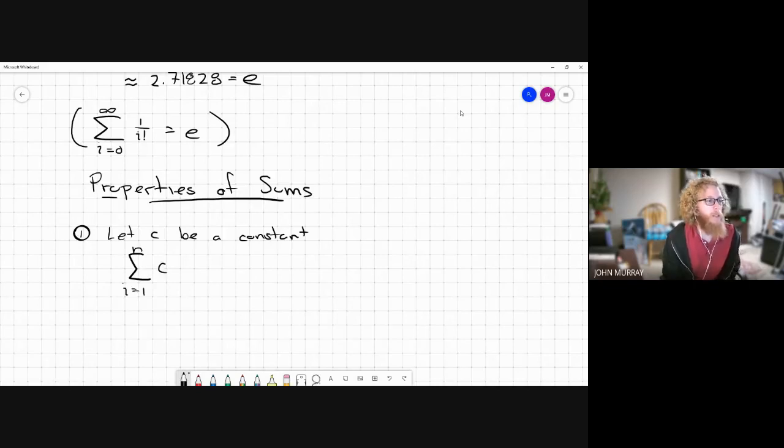So the first property is if I am taking the sum of a constant number, well, then that's just going to be c times whatever my upper limit is. All right, and if we think about it, let's say I did the sum from 1 to 5 of 4. Well, this is telling me that I have 5 terms, but what I'm adding doesn't depend on what number those terms are.